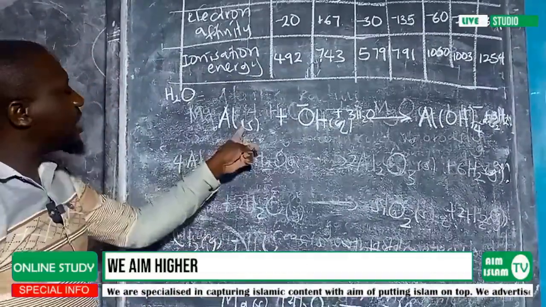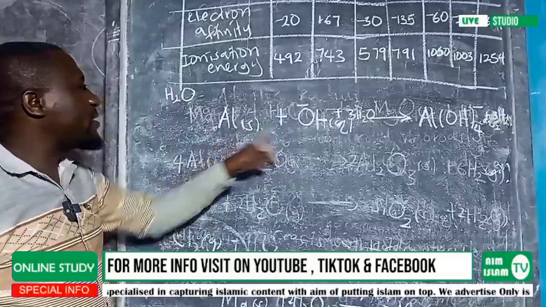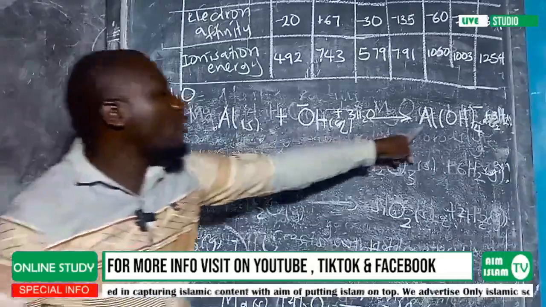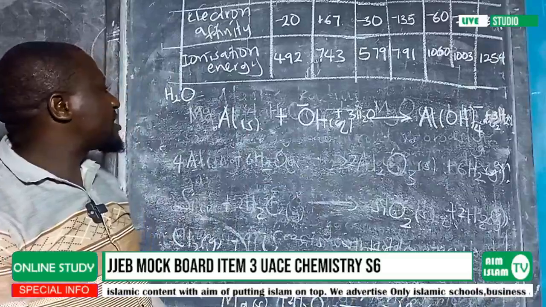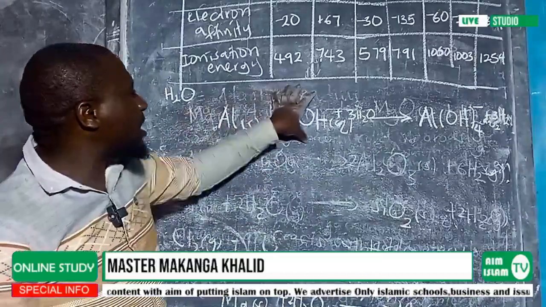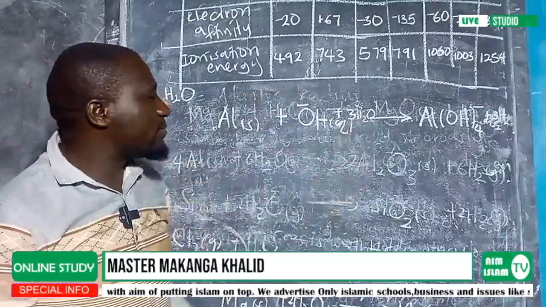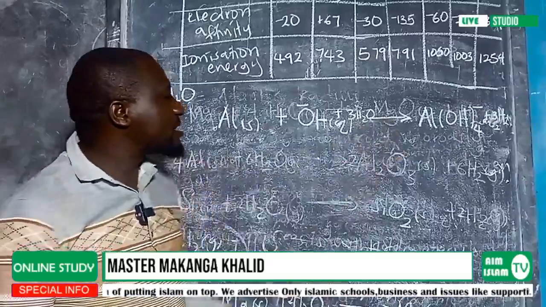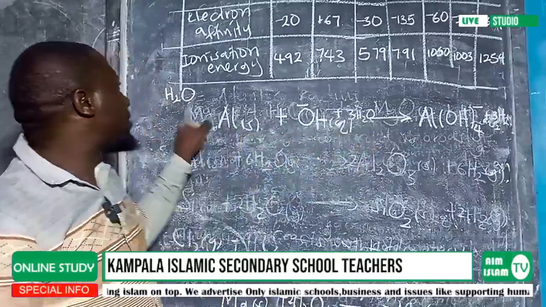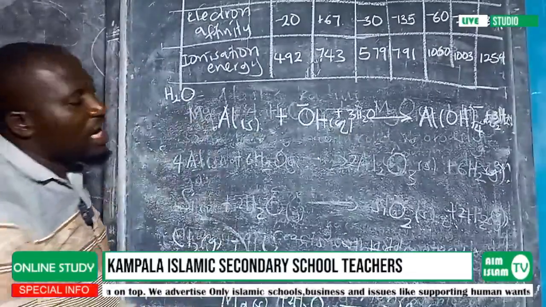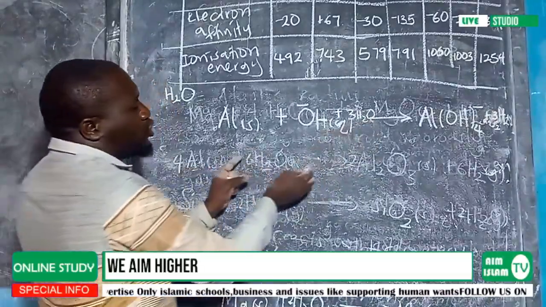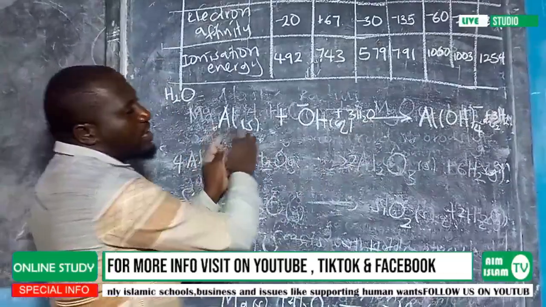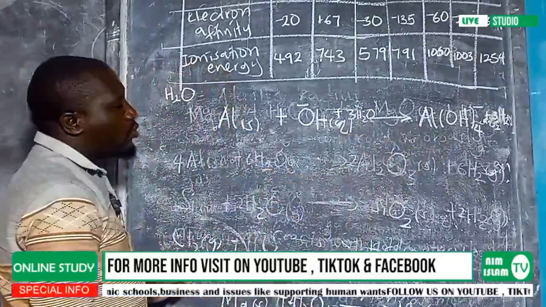We are looking at how we can balance aluminium plus hydroxide ions forming our aluminate. How have you come up with that equation? You first write the equation minus the water molecule and you balance it with water molecules, such that you can balance the number of oxygen. Aluminium initially was 1 and here it is also 1.